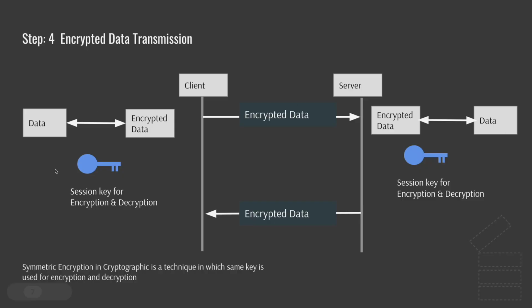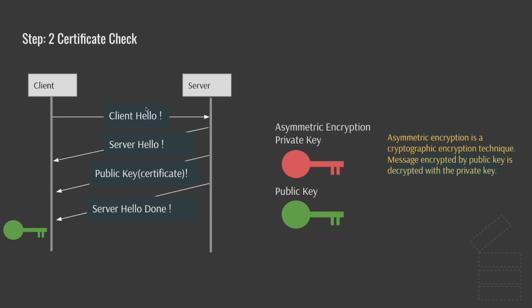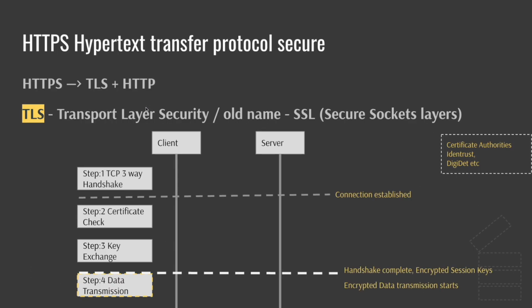This way of using the same session key to encrypt and decrypt data is called symmetric encryption. In this way, the server and the client are able to transmit information between themselves in an encrypted manner.